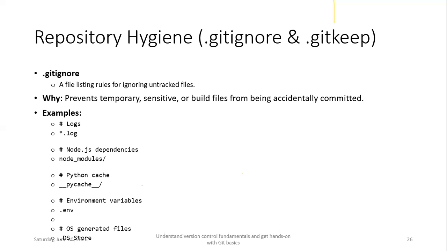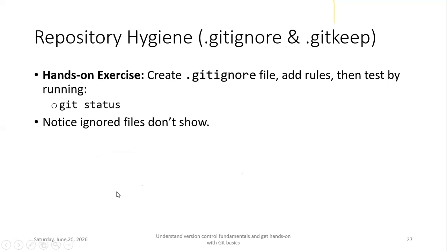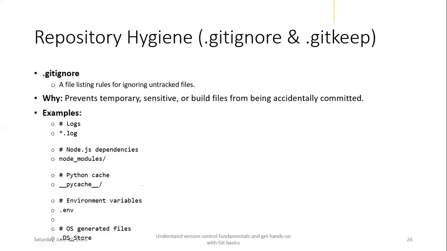So your file will be listed like this one here. You can see this. The first line, *.log, means every file that ends with log should not be pushed. That's why it starts with the star, which means any file name ending with .log.